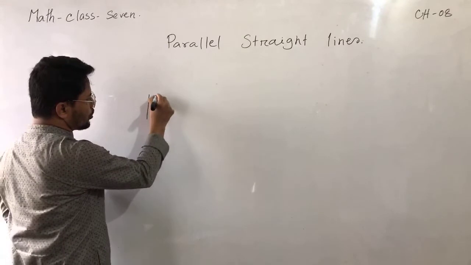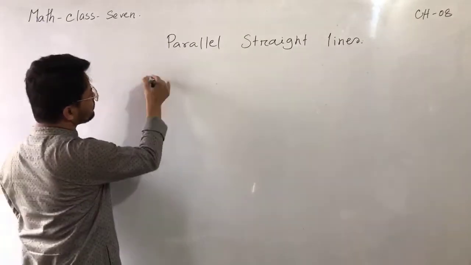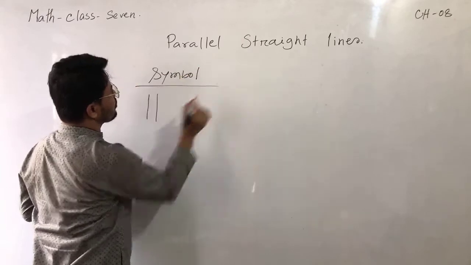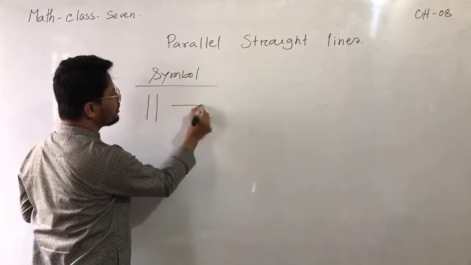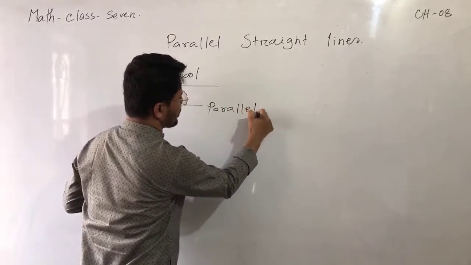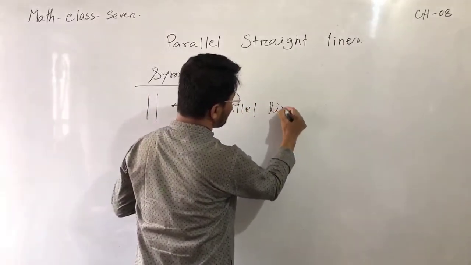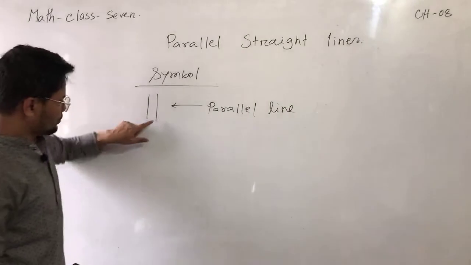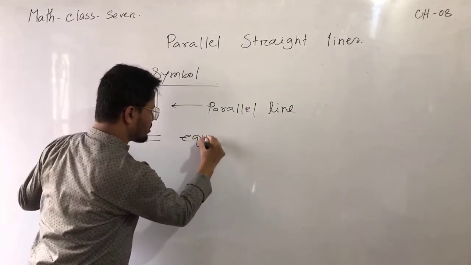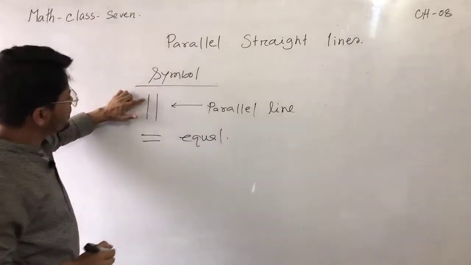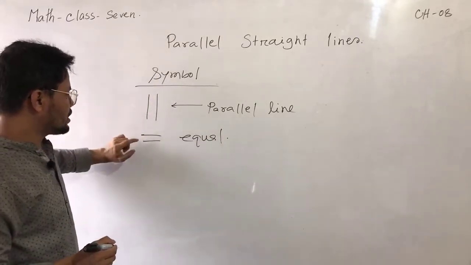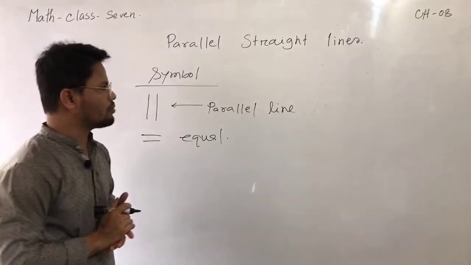We all know the symbols, and this symbol is called the parallel line symbol. This is the parallel line symbol, and this is almost the equal line symbol.